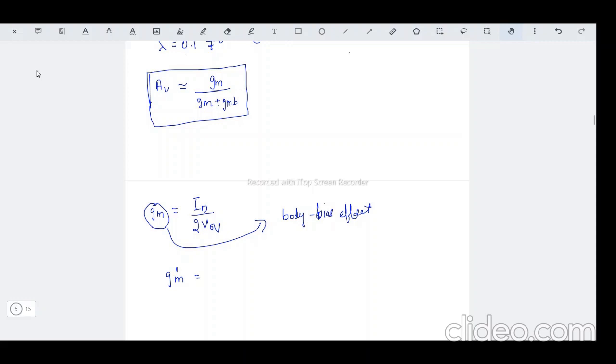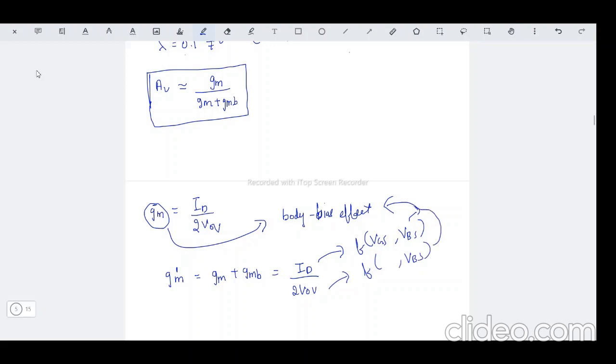So gm dash, which is nothing but gm plus gmb, is ID divided by 2 VOV, because ID is also a function of VGS as well as VBS. VBS is nothing but body effect. This is coming due to the body effect, and VOV is also somehow dependent on VBS.